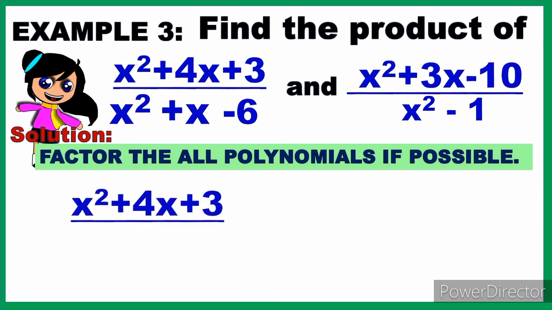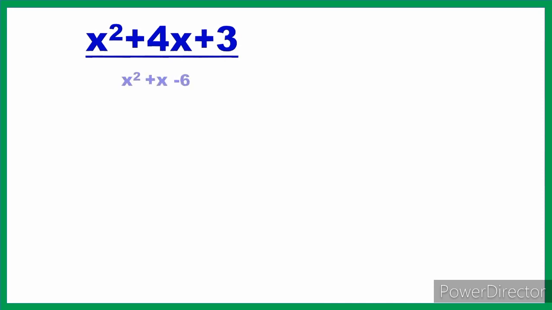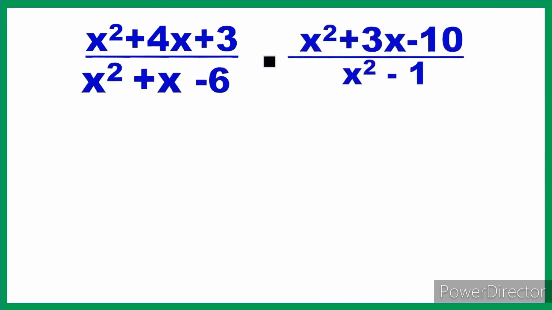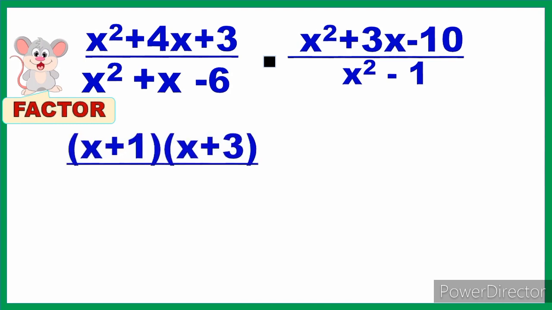We have x squared plus 4x plus 3 all over x squared plus x minus 6 times x squared plus 3x minus 10 all over x squared minus 1. And we have the solution. To multiply this rational algebraic expression, we need to factor all polynomials.